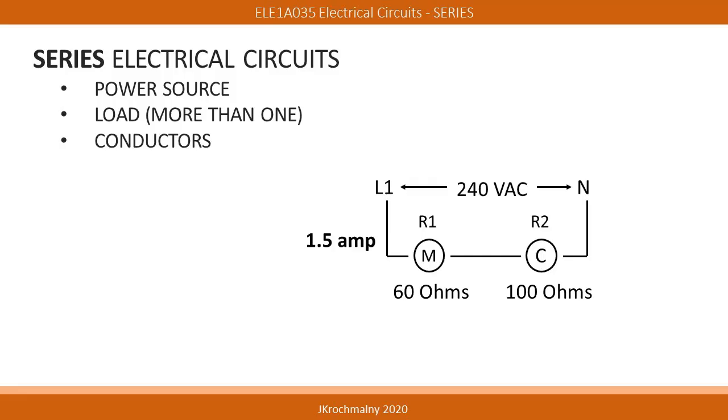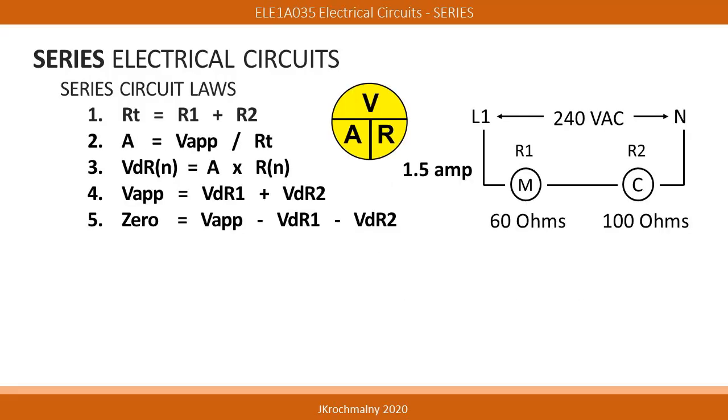Now, let's apply these 5 laws of series electrical circuits to this particular circuit. In this example, we see 240 volts AC being applied to 2 loads wired in series circuit. The R1 load having 60 ohms of resistance and R2 having 100 ohms. Notice that in this circuit, it has 1.5 amps of current passing through it. As stated earlier in this presentation, series circuits have 5 laws to follow in determining the circuit's attributes.